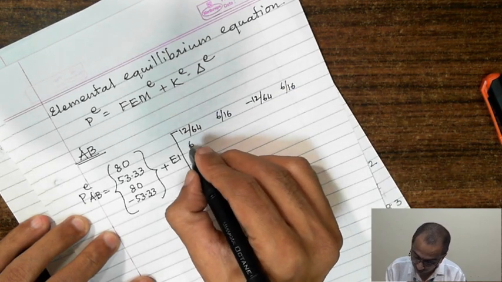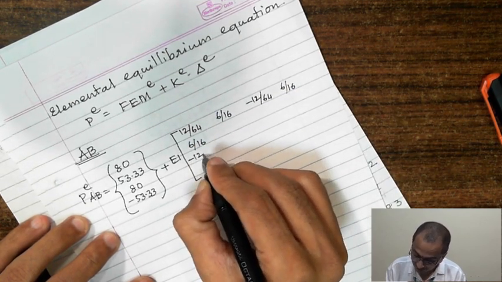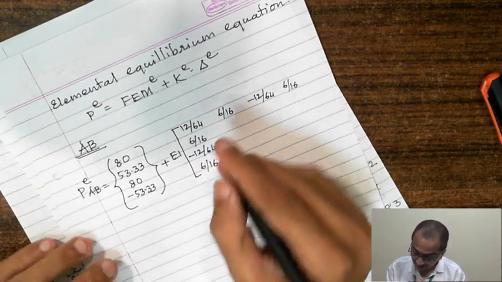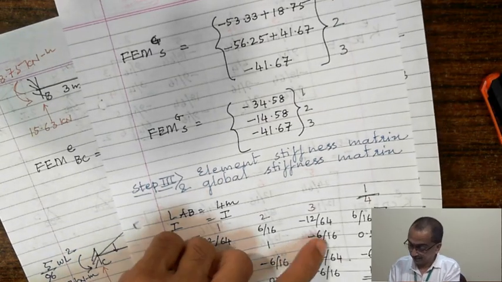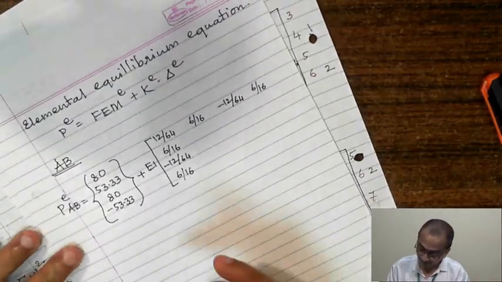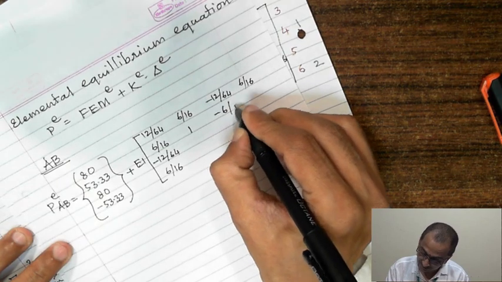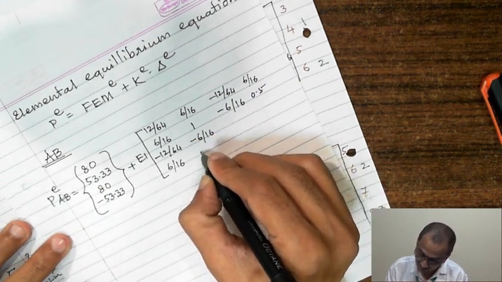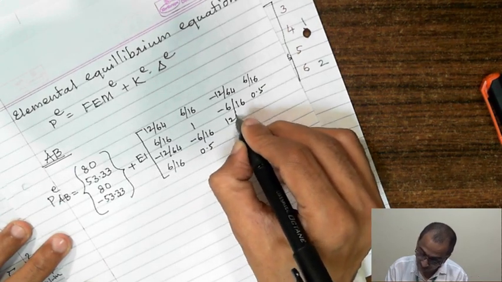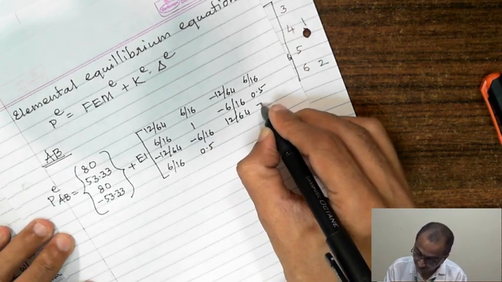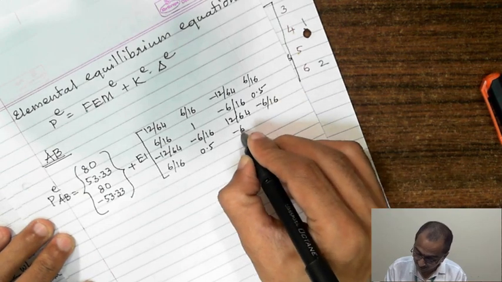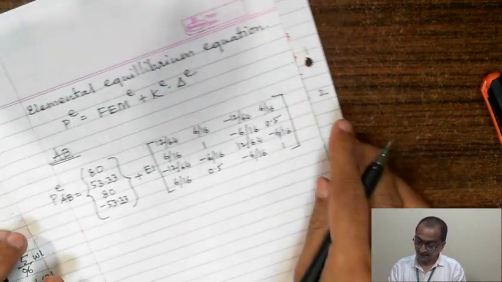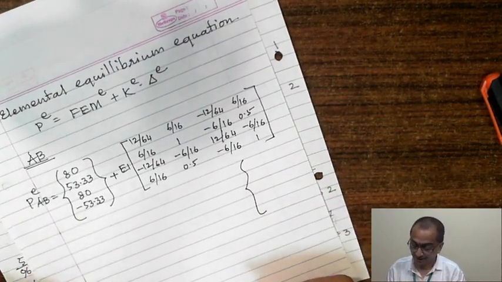Same for the next row: 6 by 16, 4 EI by L which is 1, minus 6 by 16, 0.5. Then minus 12 by 64, minus 6 by 16, 12 by 64, minus 6 by 16, and 1. This is my element matrix and now I am writing the displacement matrix.